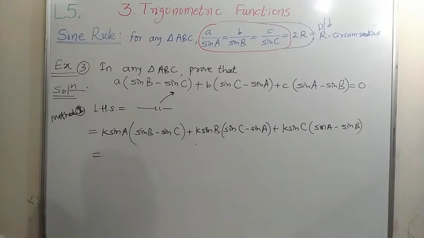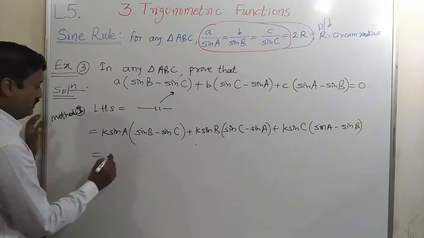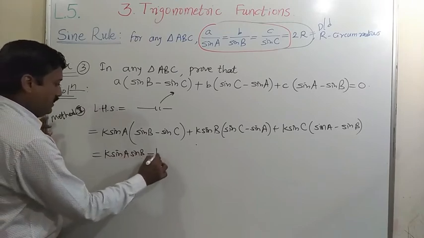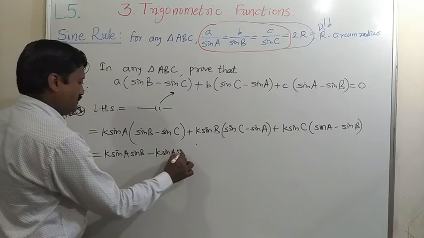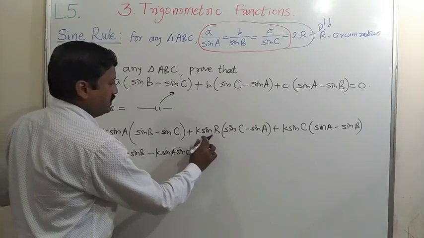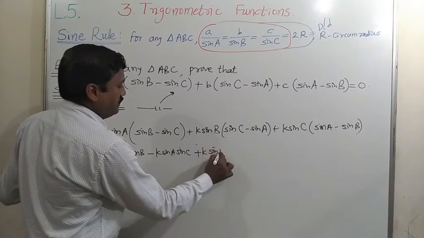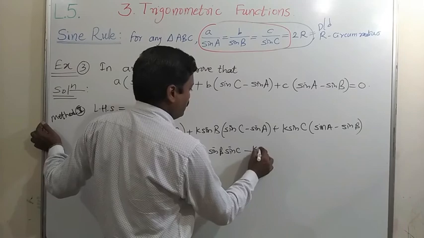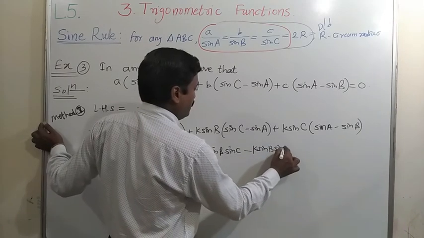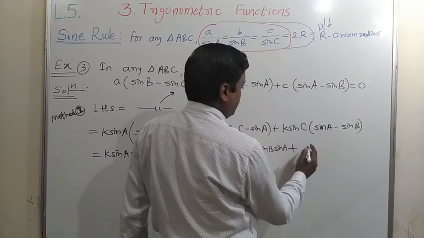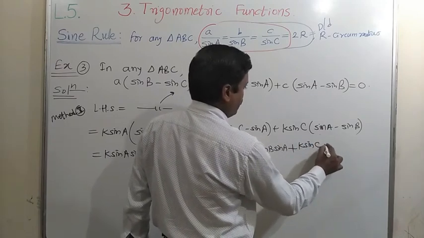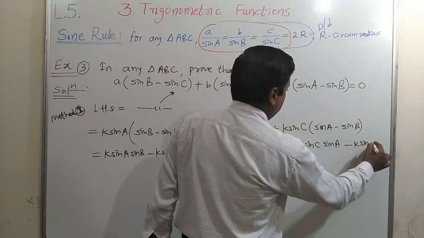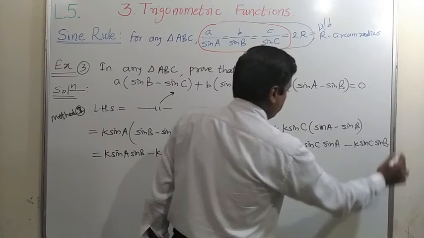So it is equal. Then again we get k sine a sine b minus k sine a sine c plus, multiplying this here, k sine b sine c minus k sine b sine a plus k sine c sine a minus k sine c sine b.